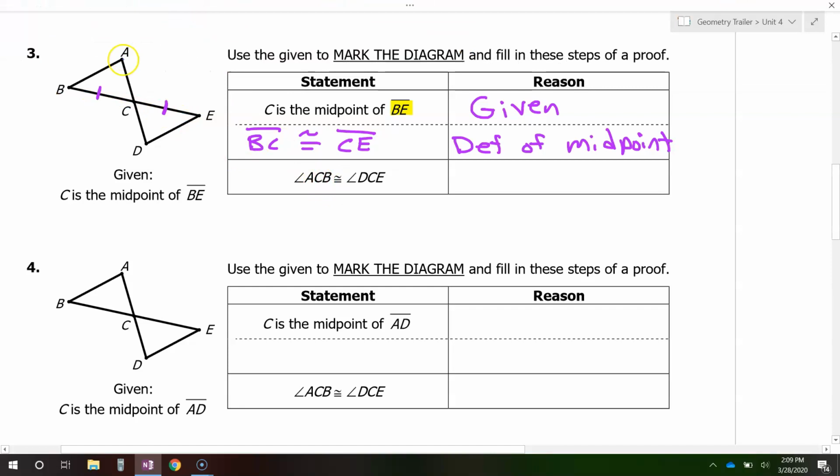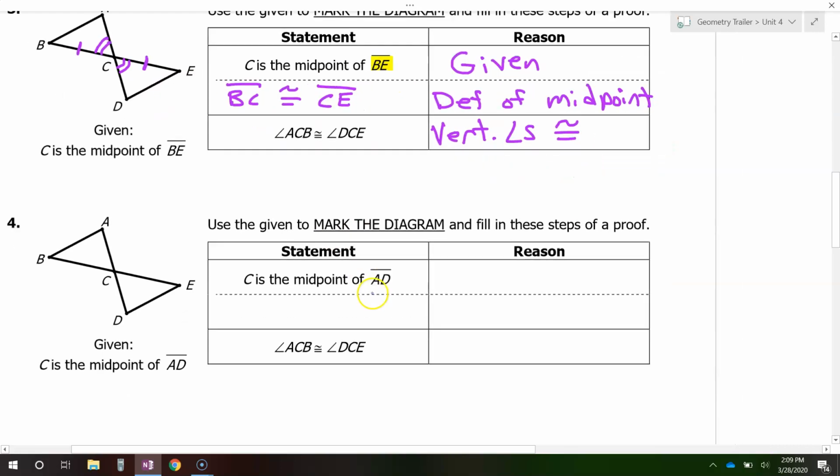Angle ACB is this angle right here, and angle DCE is this angle right here. Well, these are vertical angles. That's why they are congruent, because vertical angles are congruent. All right, so that's it for number 3.